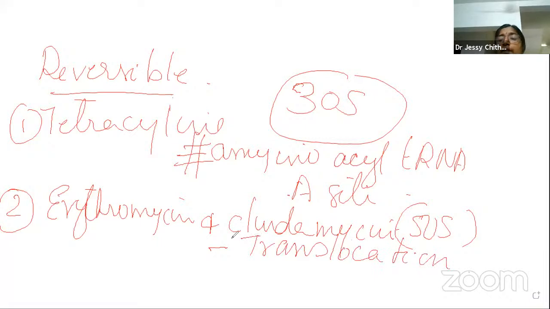Understand? Erythromycin and clindamycin interfere with the translocation process of the elongation process in protein biosynthesis. They act at the 50S subunit.